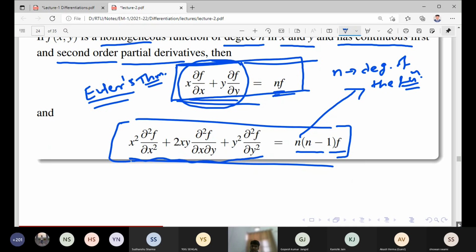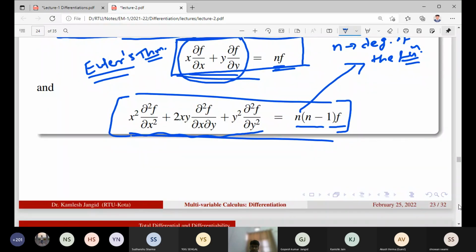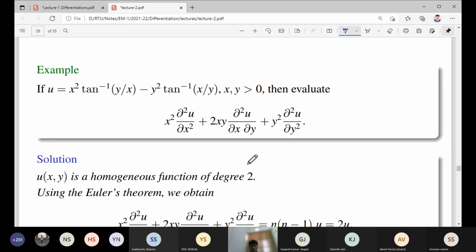So let us see an example based on this theorem. Suppose this is our given function. If u equals x square tan inverse y upon x minus y square tan inverse x upon y for xy greater than 0, then find the value of this term. Now, if you remember, tan inverse y upon x is a homogeneous function of degree 0.